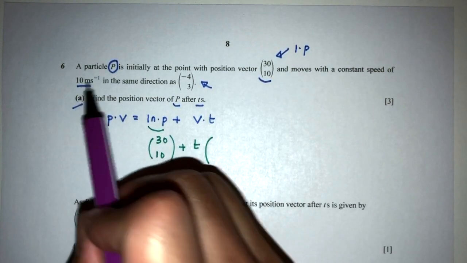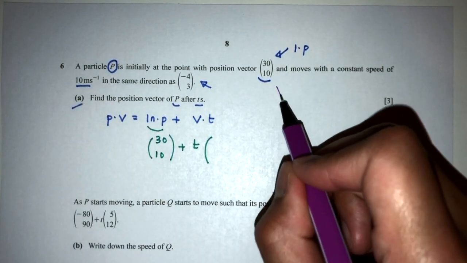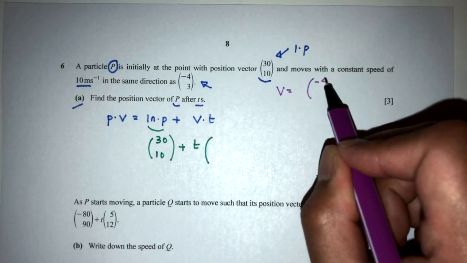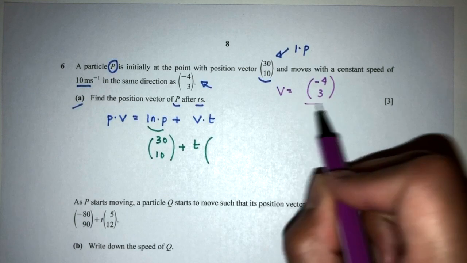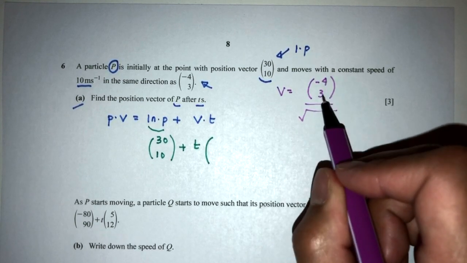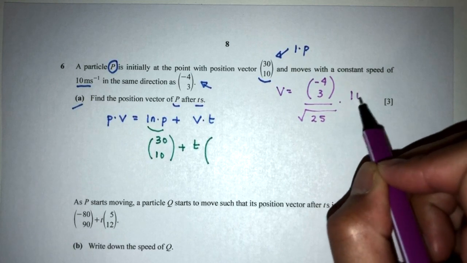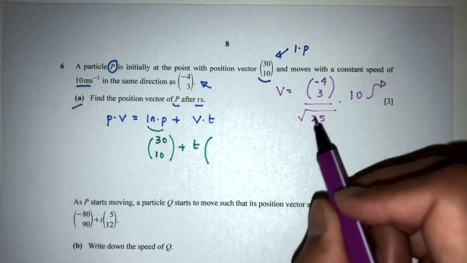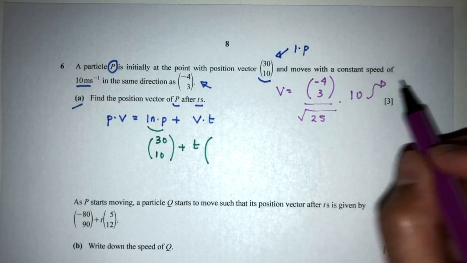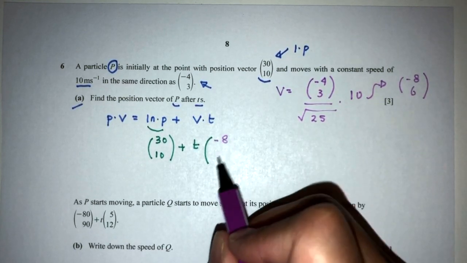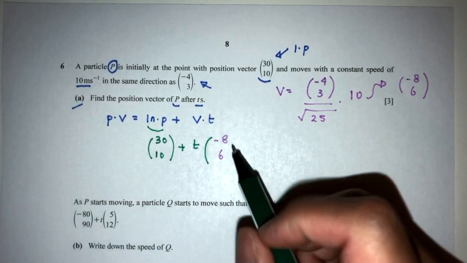We have to use these 2 pieces of information. v has to equal this: we have to find the unit vector in this direction. That will be over the square root of 4 squared plus 3 squared, that will be 25, and multiply by the speed. That will give you 5, 2, that should be minus 8 and 6. So minus 8 and 6 for this one.